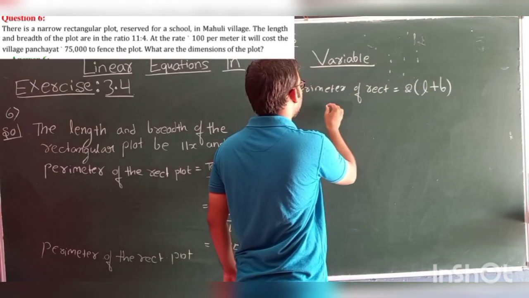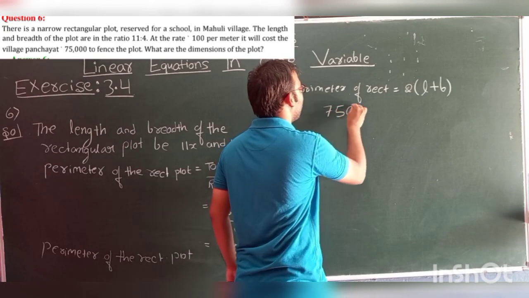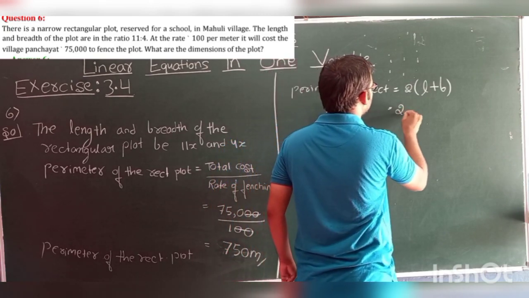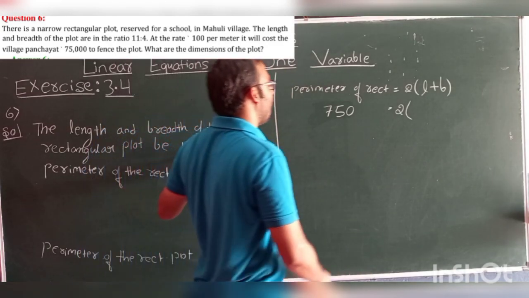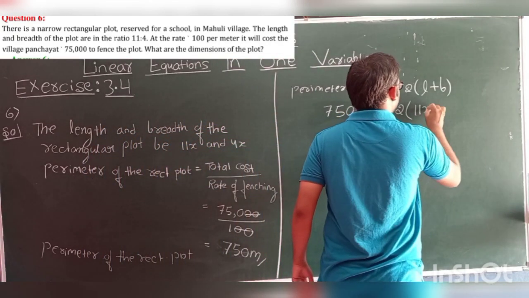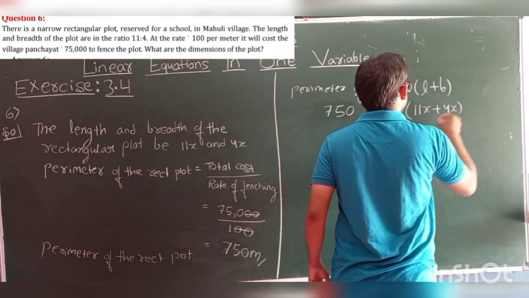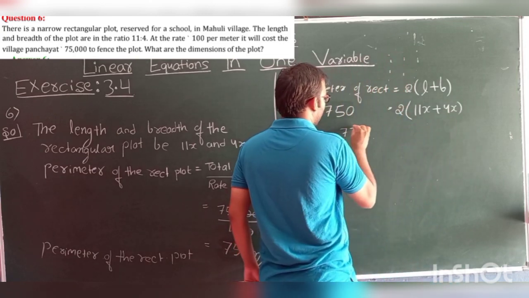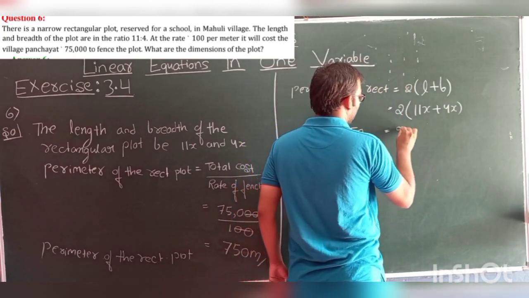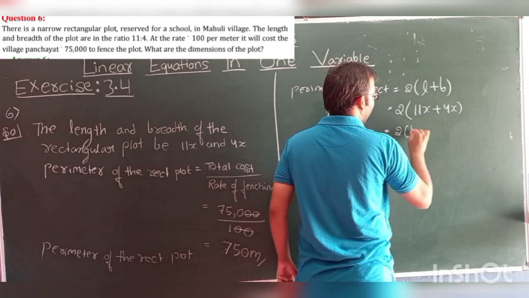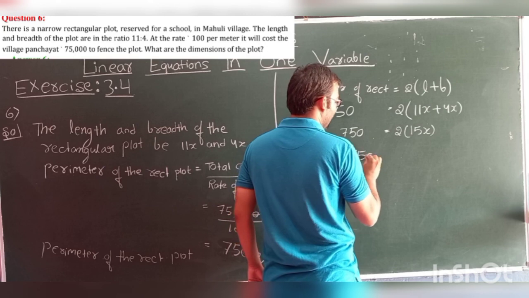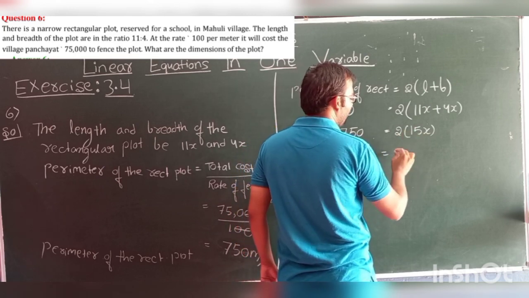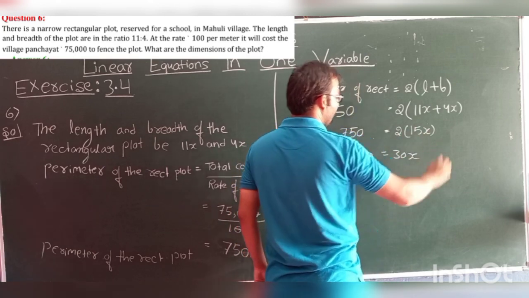So here, the perimeter 750 meter equals 2 into, what is the length here? 11x, and breadth is 4x. 11x plus 4x. Okay. So here you can write 750 equals 2 into 11x plus 4x, which is 15x. 750 equals 2 into 15, which is 30x.